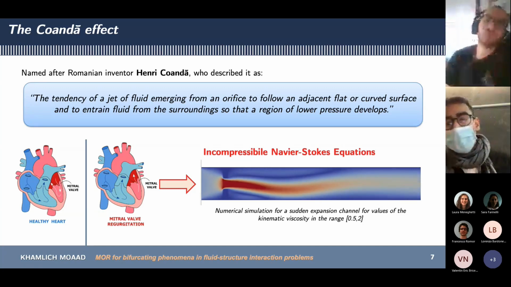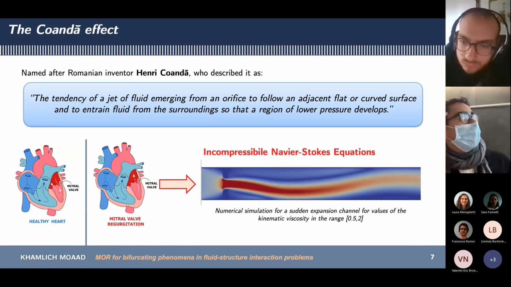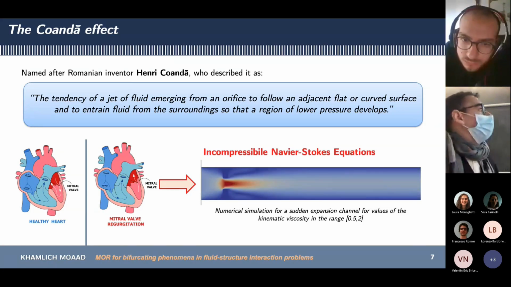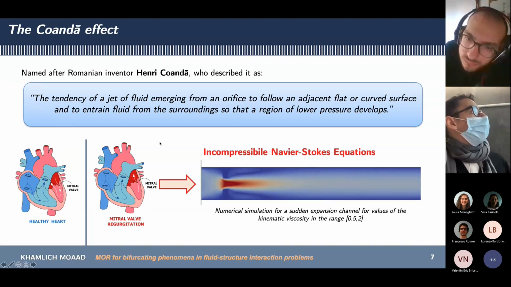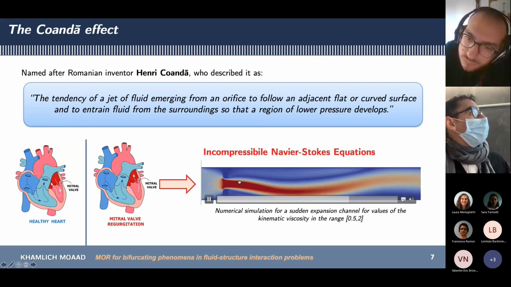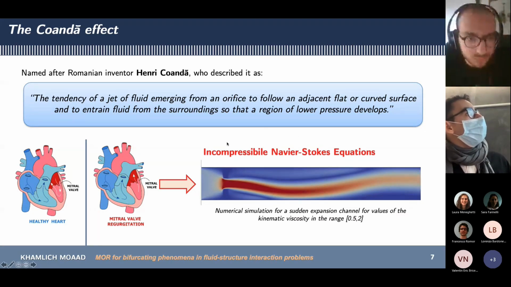This effect is amplified in a two-dimensional setting, and that's why we've decided to tackle the case of a planar contraction expansion channel.